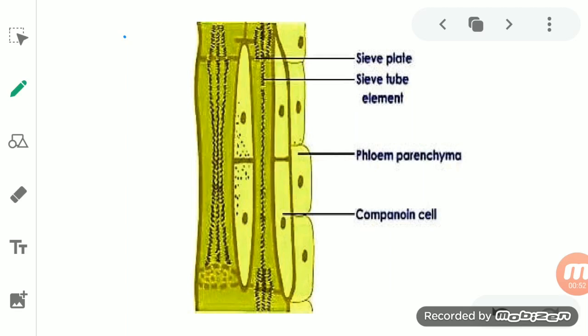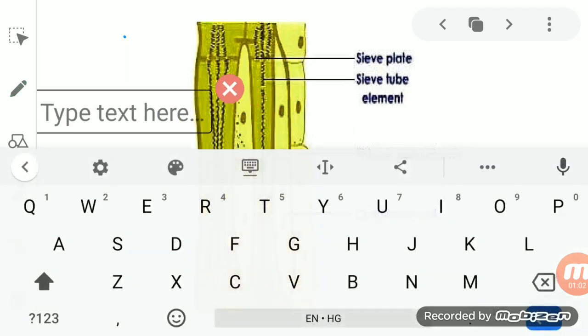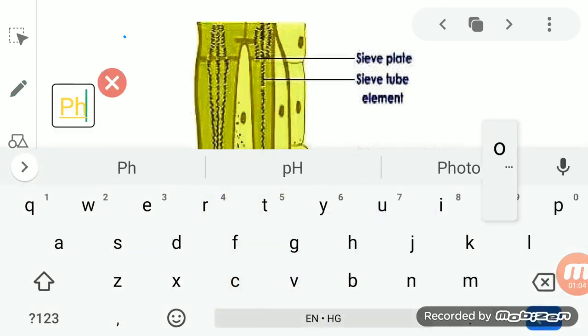Phloem is also made up of different cells. All the cells present in the phloem are known as phloem elements, as we discussed for the xylem also, students.